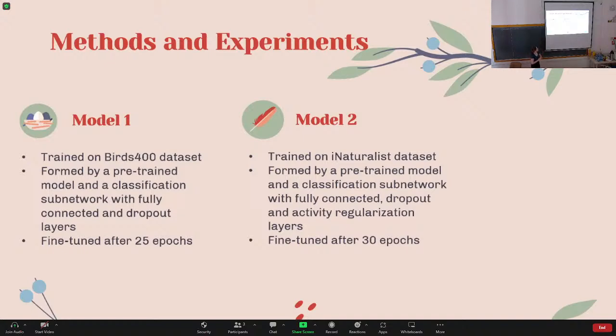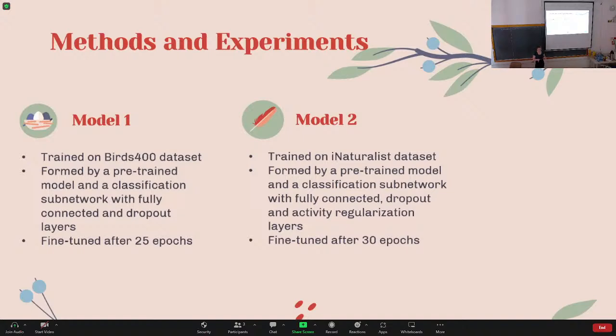Model 1 was designed to be trained on the Birds 400 dataset, and it contained the Inception part and then a classification subnetwork formed by dense and dropout layers. Model 2 was designed for the iNaturalist dataset, and it is similar to model 1, only that we used some activity regularization layers to prevent overfitting, as there were more augmented images.